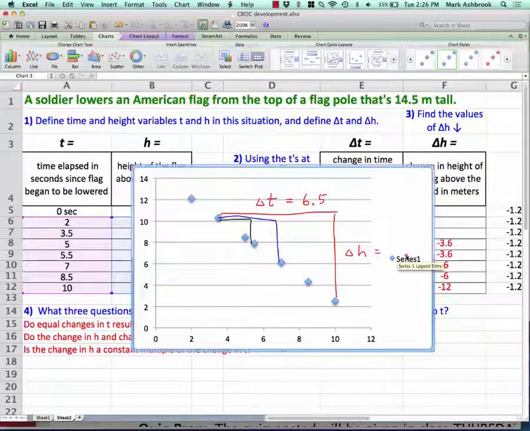Using constant rate of change, how can I calculate delta H? Nick, what would I do to get delta H applying constant rate of change? Just look at the change. What's that? It's just a change in H. Yep, and I want to calculate it with constant rate of change. What would I do?